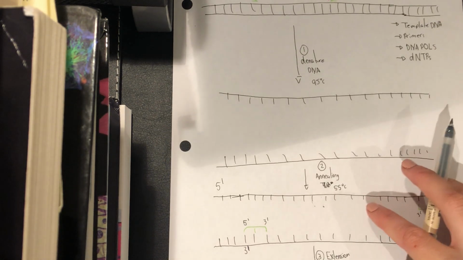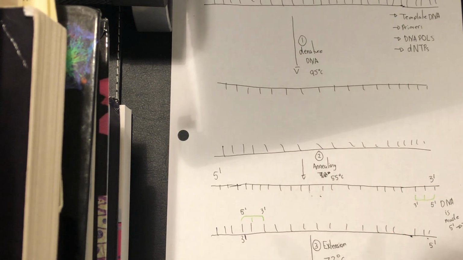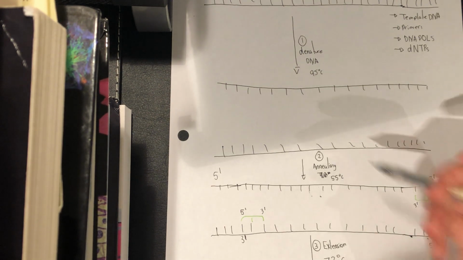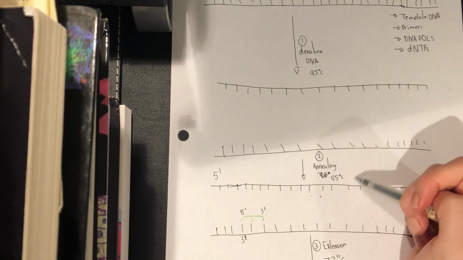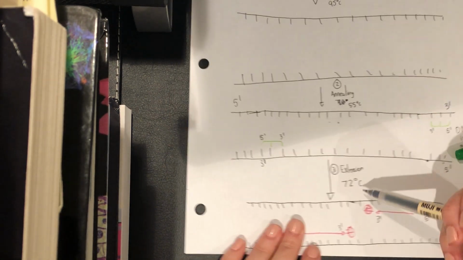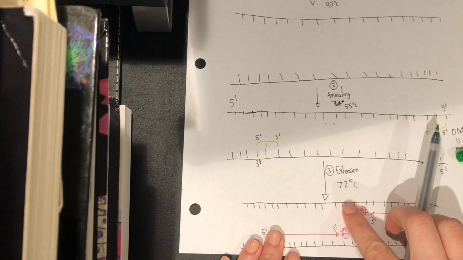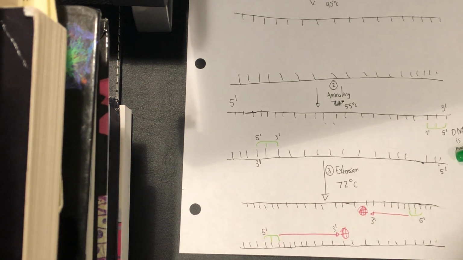Primers anneal at certain temperatures depending on how you design them, but when you optimally design them, they're usually around 55 to 60 degrees, and then you have to raise the temperature again up to 72 degrees because that's where DNA polymerase functions best.